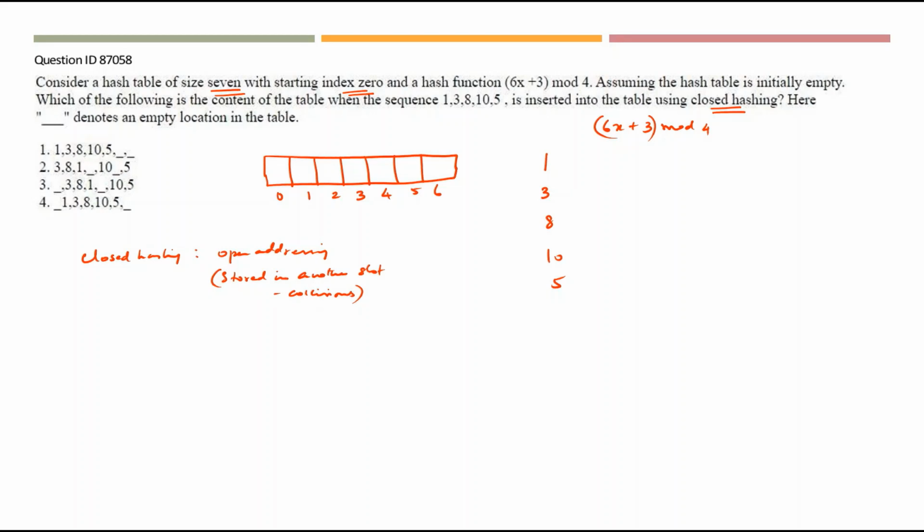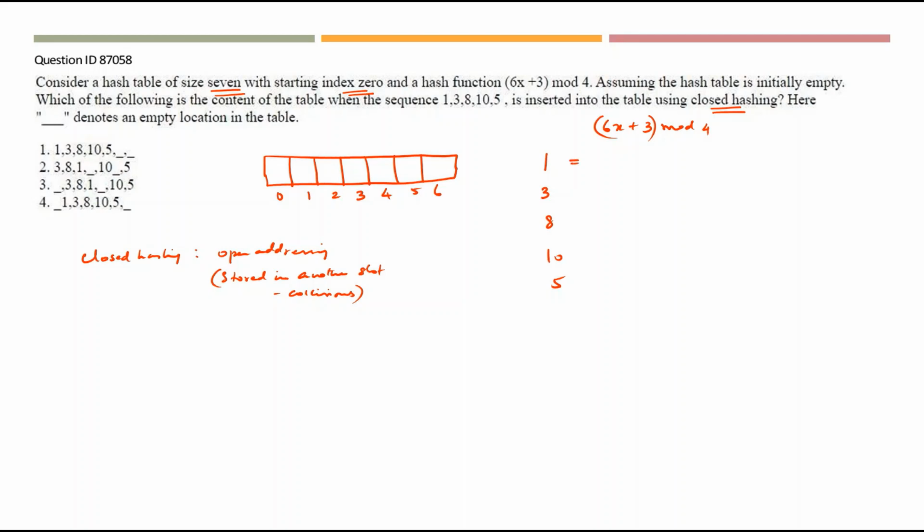There is another type of addressing in which if collisions occur, they will be stored separately. But in open addressing or closed hashing, when two or more contents of the table go to the same slot, if there is already an element present in the slot, it will be stored in another slot. Here underscore denotes an empty location in the table.